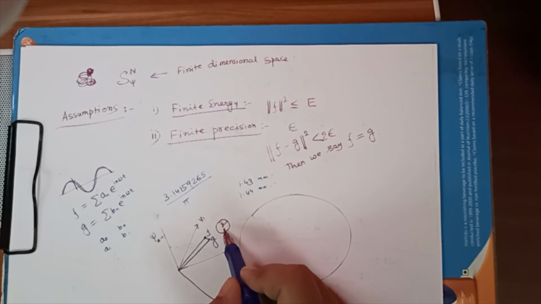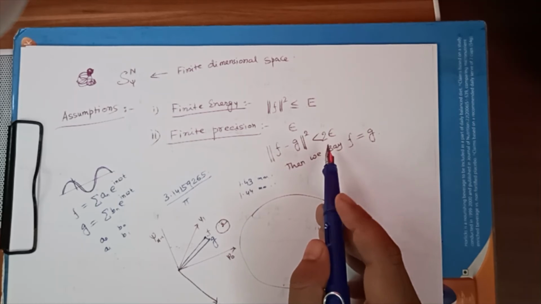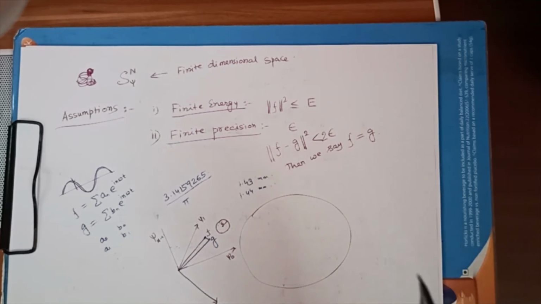Uncountably infinite number of signals possible. Every point is a different signal. But since our measuring instrument has some finite precision, we cannot really distinguish between them. For us, all of them are same. You have to go at least 2 epsilon apart to get distinguishable. Then they will be different.